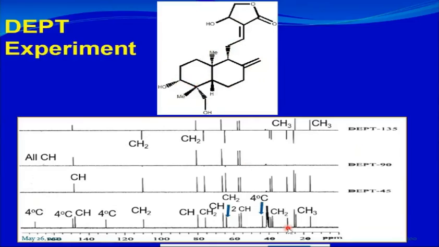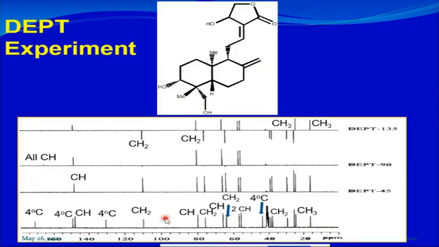You should see 20 signals, right? So you can count here: 1, 2, 3, up to 18, and some might be mixed or overlapped here, so that is why we don't see all the 20 carbon atoms. And this is the broadband.